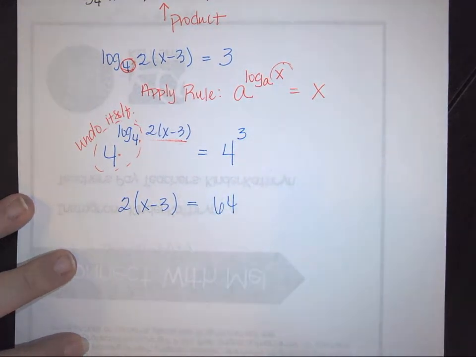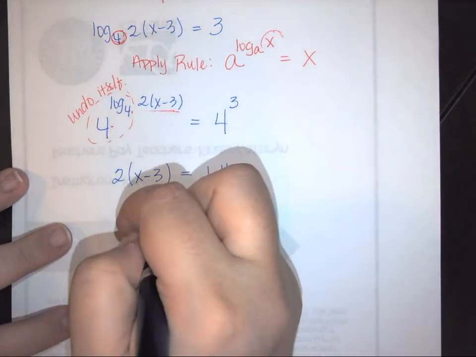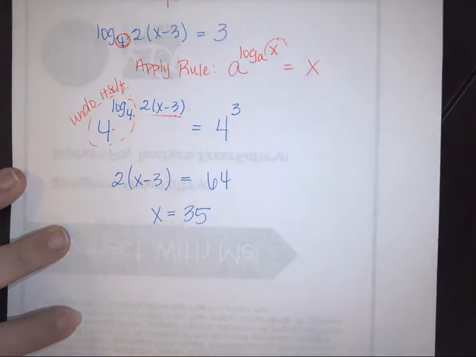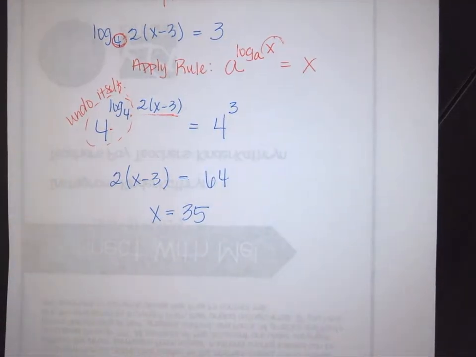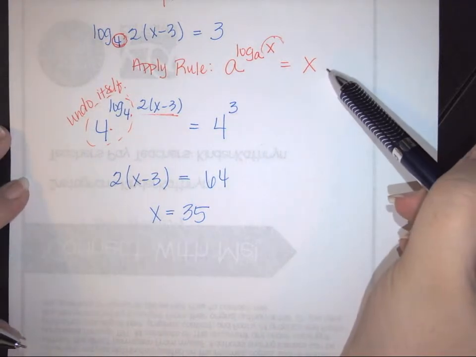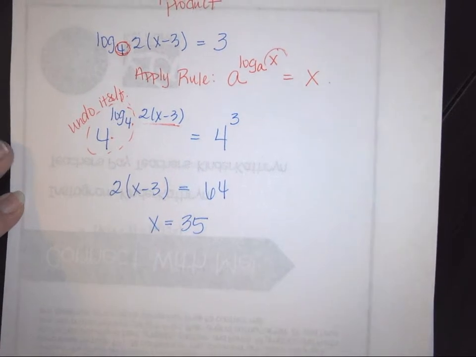And then I simply have to solve for x. So I'm going to divide everything by 2, add 3 to both sides, and you end up with x being 35. Okay. So for this one, the only thing that we had to remember was to condense using the product rule, and then to apply this really handy exponential rule, which removes the log out of the problem.